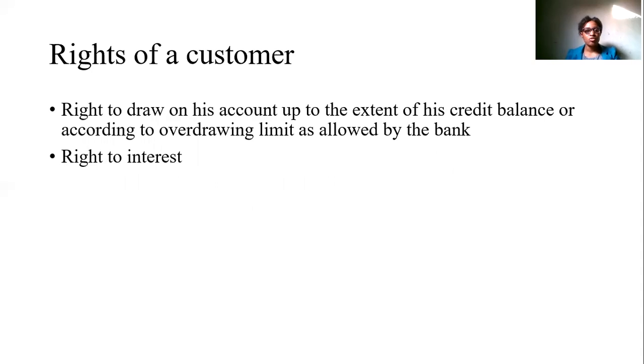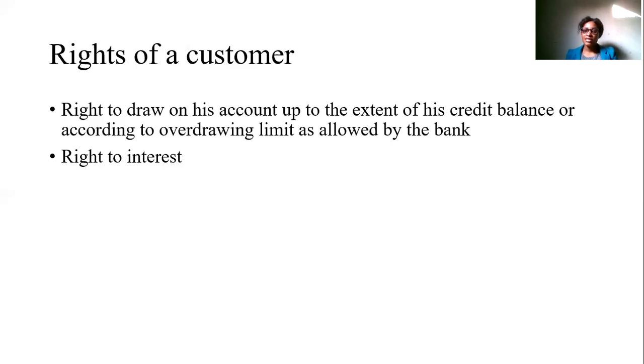So there's the right to draw on his account up to the extent of his credit balance or according to the overdrawing limit as allowed by the bank. So when an individual is a customer of the bank, when the bank says you can only withdraw up to 2,000 a day, that is the drawing limit for that customer. So beyond that, the customer cannot be allowed to withdraw more than the 2,000.